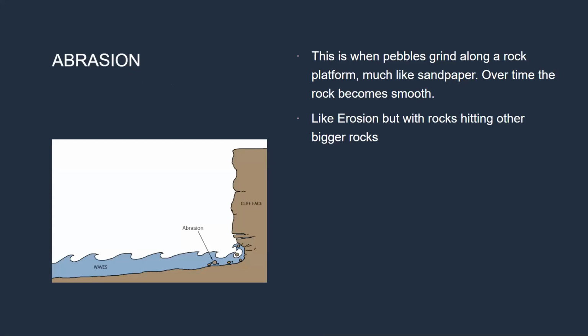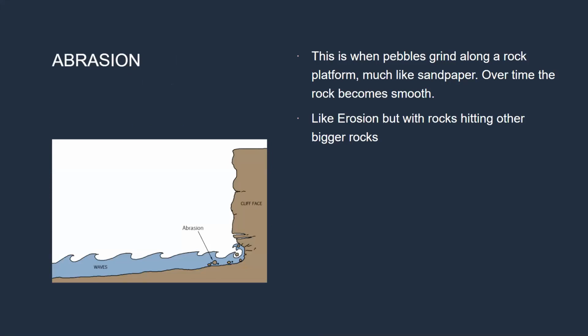Next up, we have abrasion. Abrasion is when pebbles grind along the rock platform, much like sandpaper does. Over time, the rock becomes more and more smooth, like erosion, but with bigger rocks hitting each other. This is more common in places where you have a lot of energy, such as the ocean up against cliff faces.